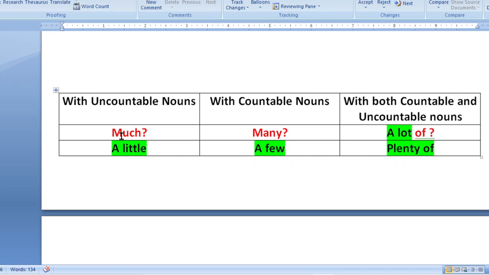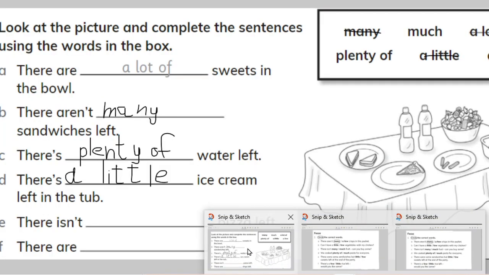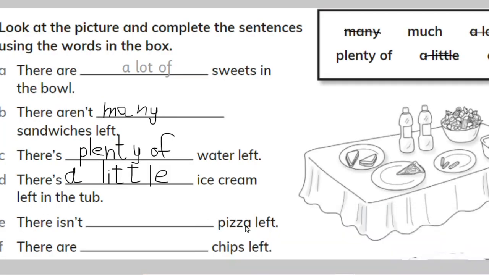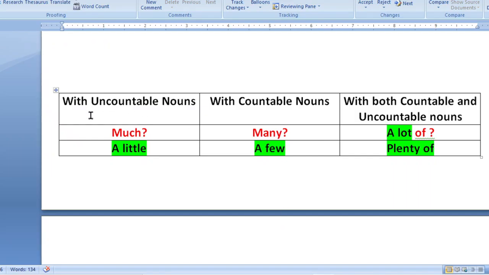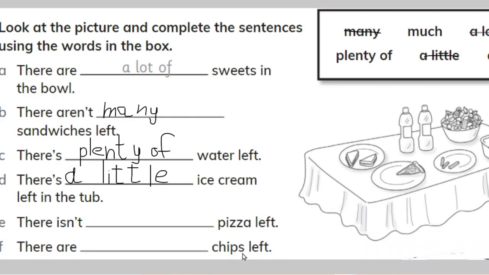There isn't, again negative, there isn't. So what is the negative one? All these. And is it countable or uncountable? Pizza. So that means it's uncountable. So which one will we use? There isn't much pizza left. So we write much.